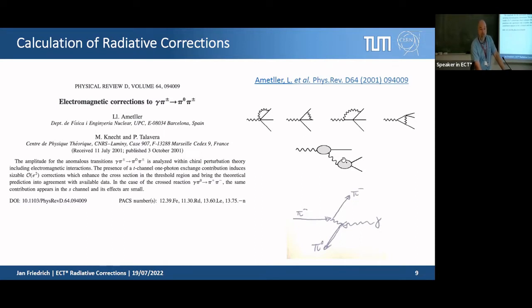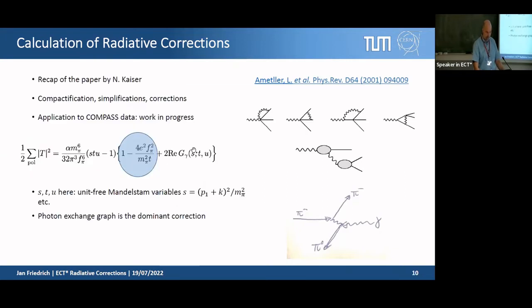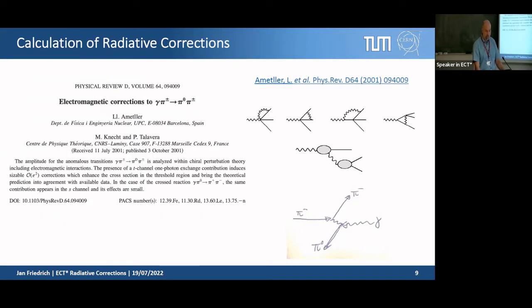But they pointed to the fact that there's also an additional graph in the business, which they depict here. They calculate in general the pion to photon to 3 pion coupling. So the photon is always on one side and all the pions on the other side.